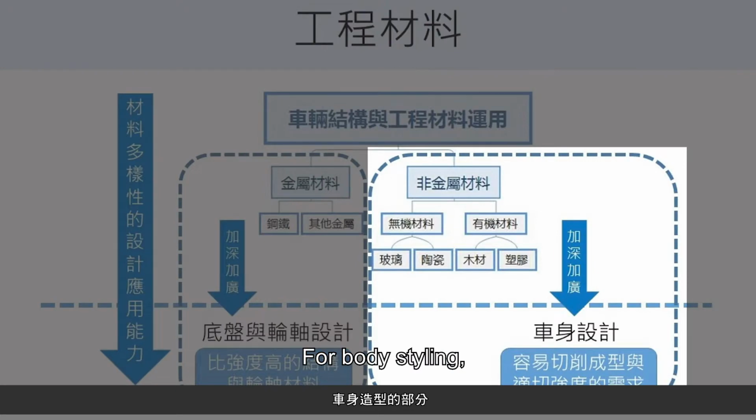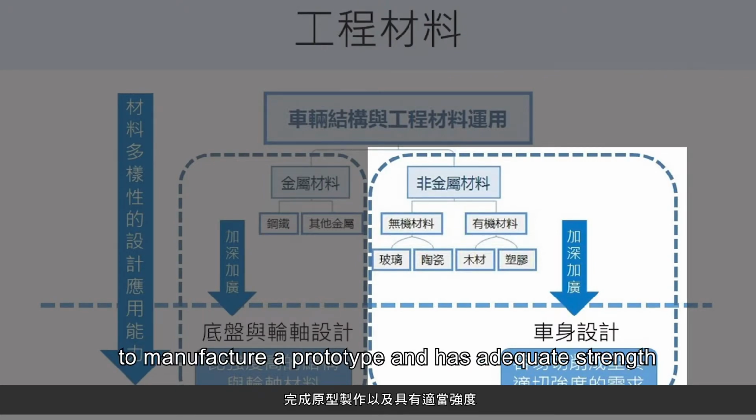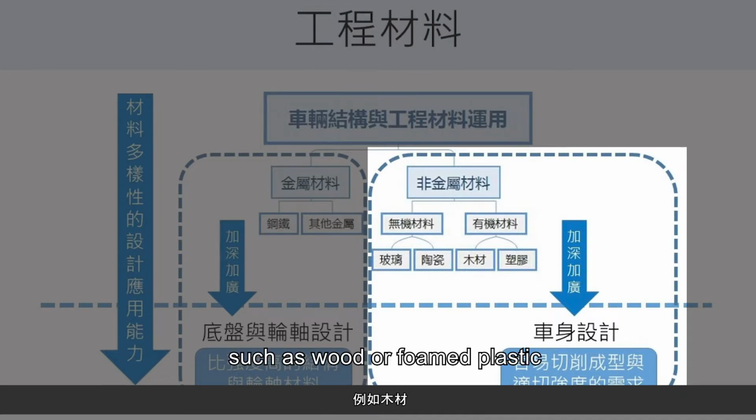For body styling, we use materials that are easy to cut and shape to manufacture a prototype and has adequate strength to perform all test conditions. Non-metallic materials, such as wood or foamed plastic, are most likely to be used as material for body styling.